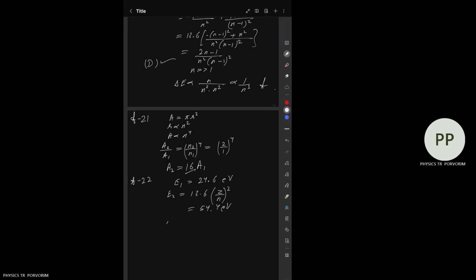So the total energy to ionize the helium atom will be E1 plus E2, approximately 79 electron volt.